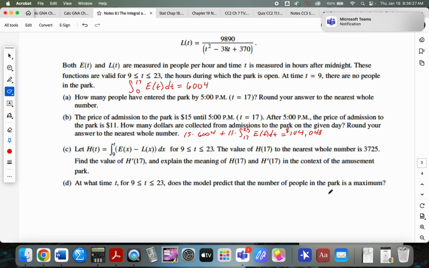So first, find the value of H prime of 17. Well, H prime of t is going to be just E of t minus L of t, right? So for H prime of 17, again, we just would use the calculator to find E of 17 minus L of 17.